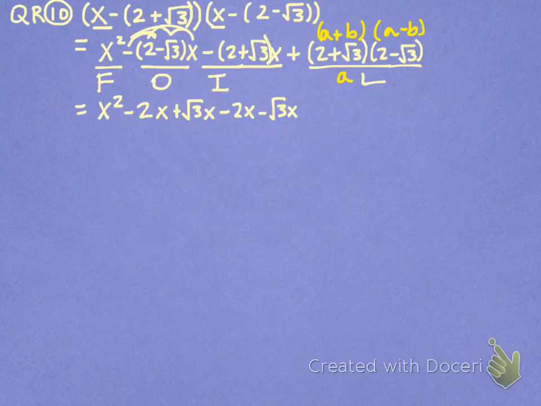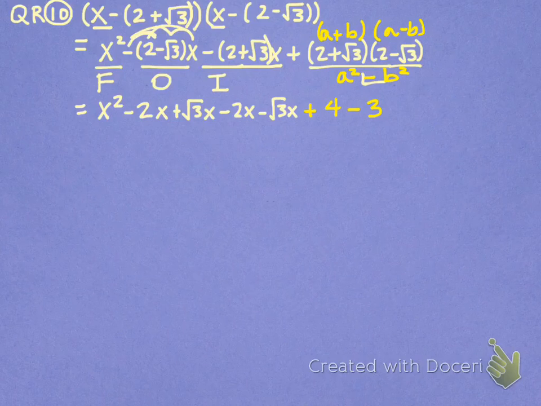And remember, when you multiply (a plus b) times (a minus b), you get a squared minus b squared. So this last part, in essence, we're going to use our a squared minus b squared pattern, and a would be 2, so a squared is 4, and then minus from the pattern, and then our b is the square root of 3, and if you square the square root of 3, you get 3.